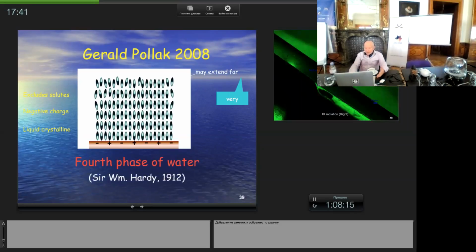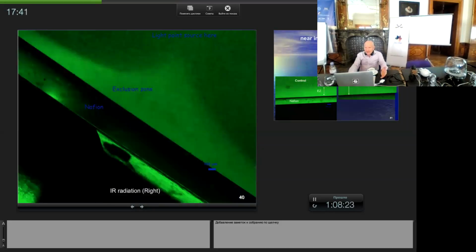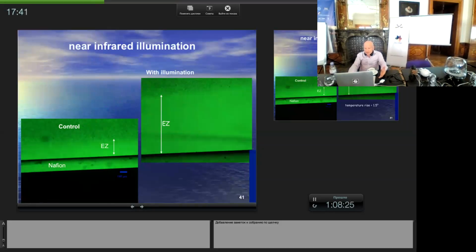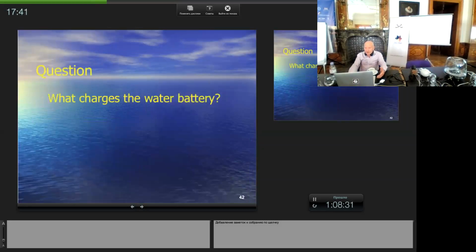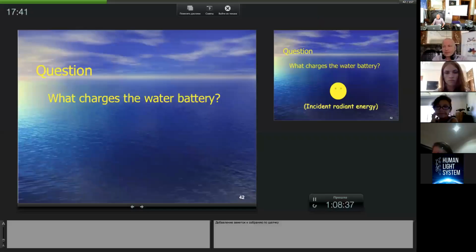He told us that it was known from 1912, but it was not well accepted at that time. And very important is the influence of light on water, because it gives us a very different understanding of life as well. So water is a battery.